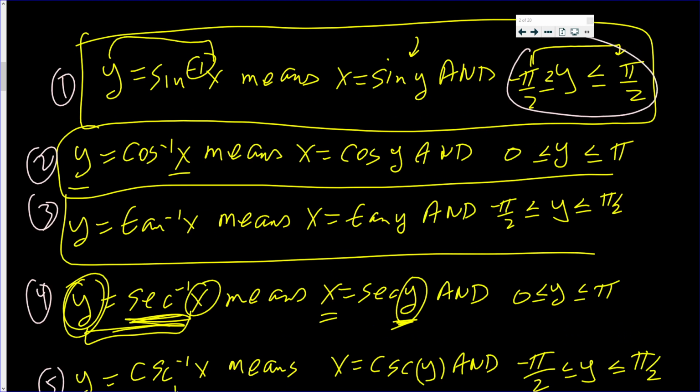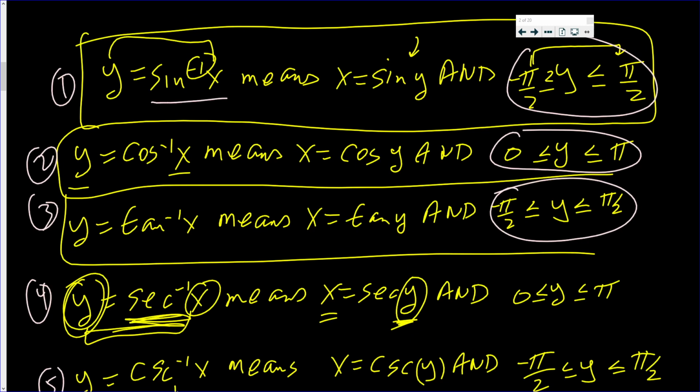Sine inverse and tan inverse are the same. And cosine is this. Now, when it comes to the inverses, they're the same, except for cotangent. That is the inverse of sine, the reciprocal of sine inverse.